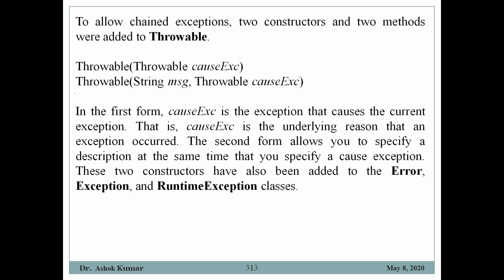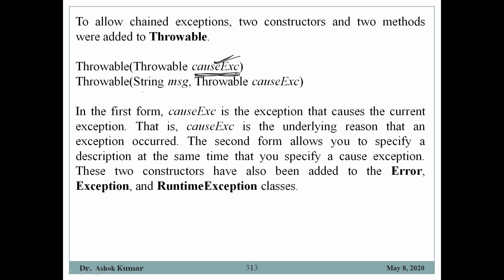One is Throwable cause, the reason of the exception due to which the current exception is happening. For example, there is an arithmetic exception, but it is due to the input output exception. The cause of the arithmetic exception is the input output exception, so you can attach that. With one exception you can attach the exception that is the reason for the actual exception.